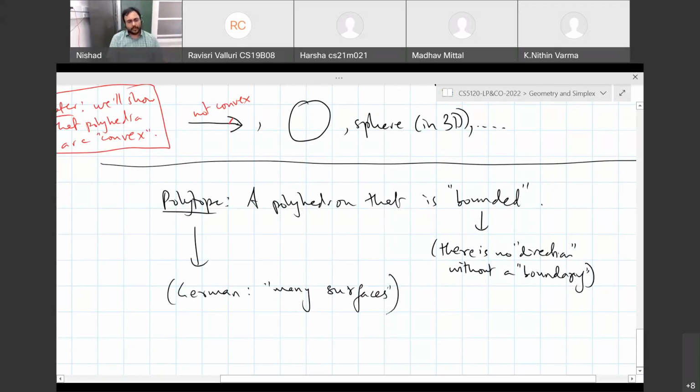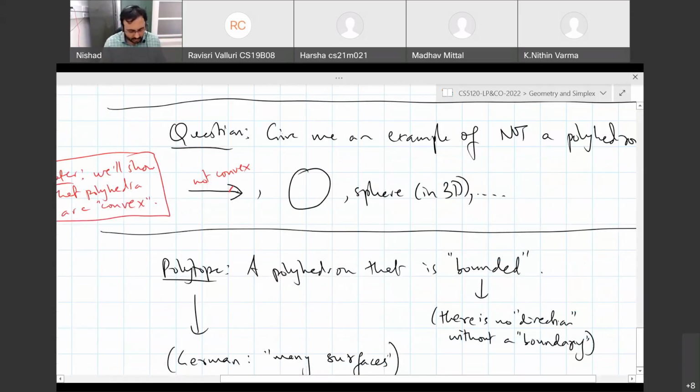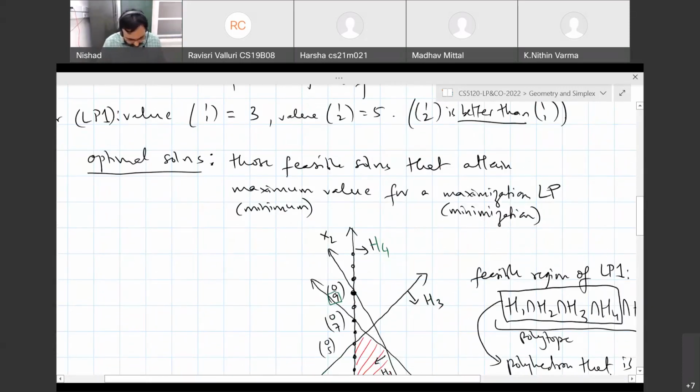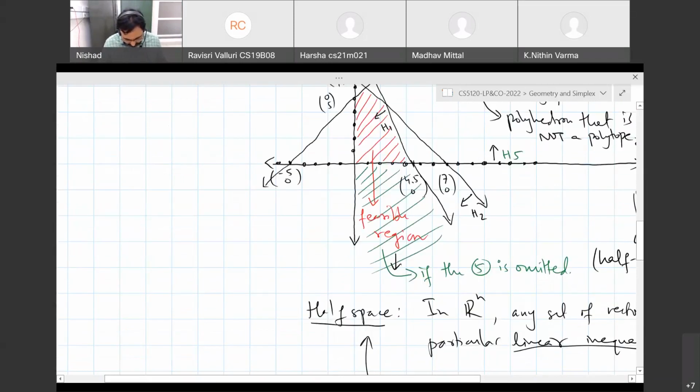Right? So if you think about some 3D objects like the cube, that is a polytope. Okay, good. All right, so we will generally be sticking to polyhedron. Okay.